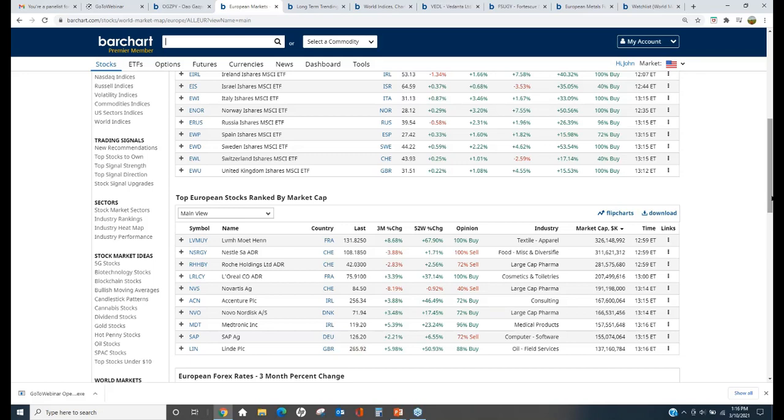So there's a lot of different information here. And again, notice that it does tell you which country those stocks are located in, or where their headquarters are, right? Understanding the country of origin and the industries that they represent.